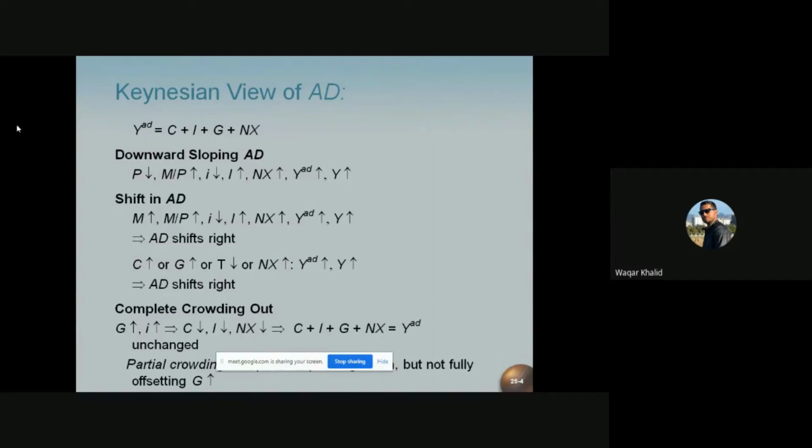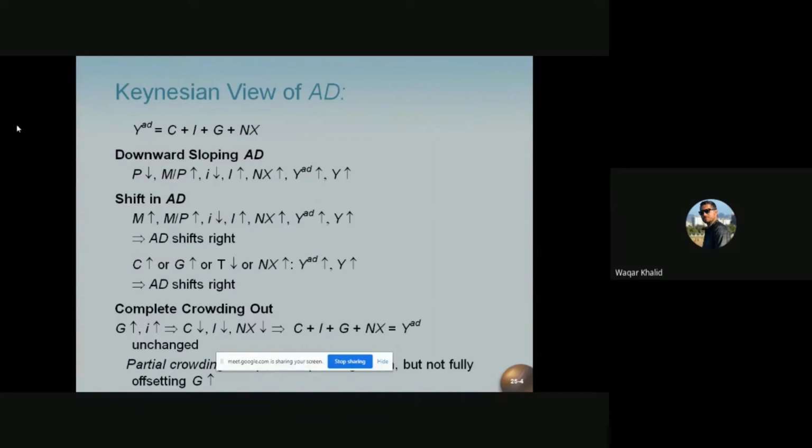level of aggregate demand. Now we can draw the same conclusion by using the second mechanism. Another mechanism that generates a downward sloping aggregate demand curve operates through international trade.